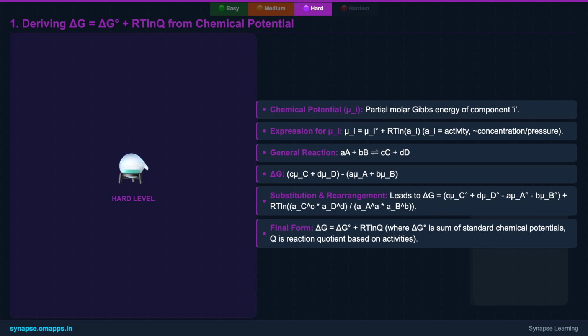By summing the chemical potentials of products and subtracting those of reactants, we arrive at the total change in Gibbs energy. This rigorous derivation shows how the macroscopic spontaneity of a reaction is an emergent property of the microscopic chemical potentials of its constituent species, providing a robust theoretical foundation for our understanding.